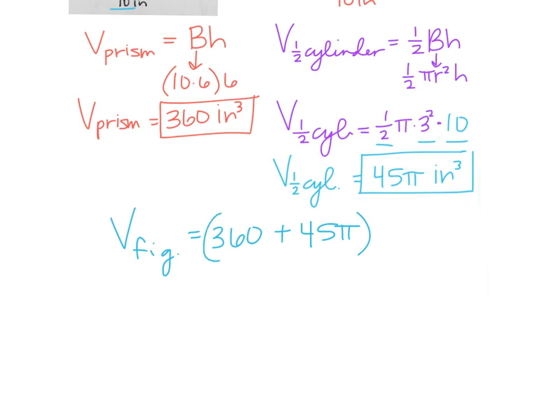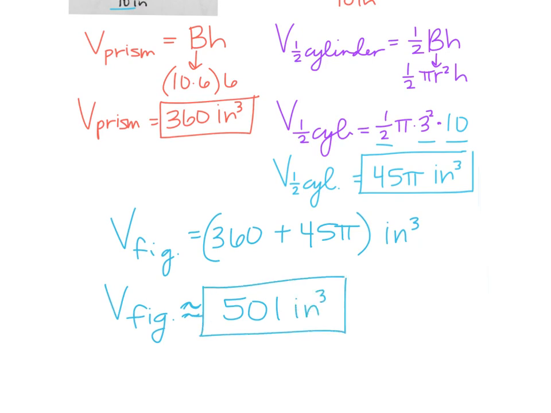Okay, now this would be the exact, you would say cubic inches, or if we wanted to round it, you would just plug that into your calculator. 360 plus 45 pi gives you about 501 cubic inches. Okay, so that is volume of a cylinder.